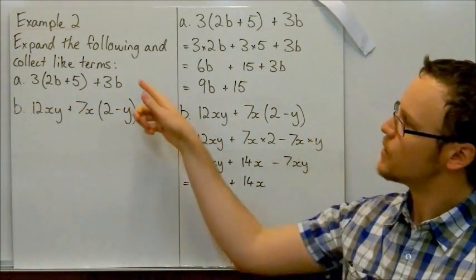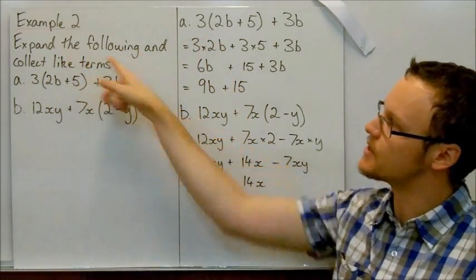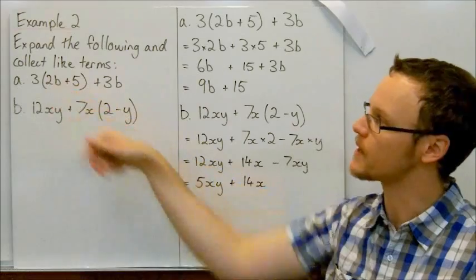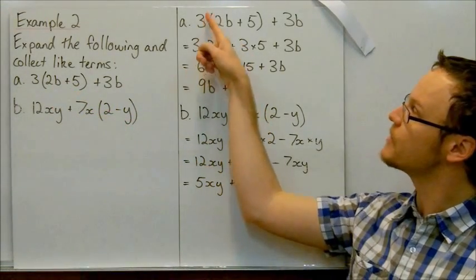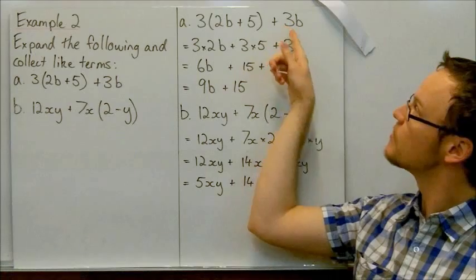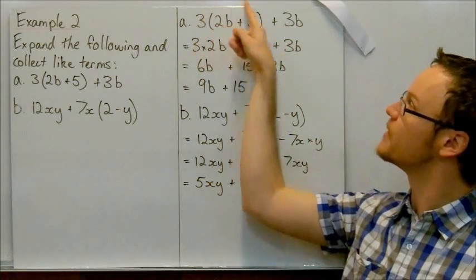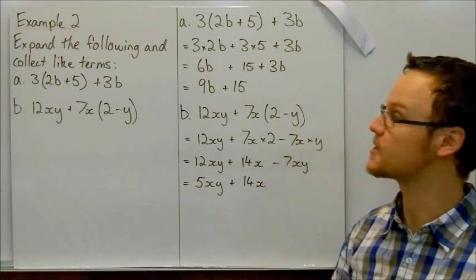Second example, we've got two parts. In the first one, instead of just expanding, we're collecting like terms as well. So here we've got 3 times 2b plus 5, plus 3b at the end there. We can distribute the 3 to the 2b and the 3 to the 5. The 3b is not part of the bracket, so it's just left by itself.